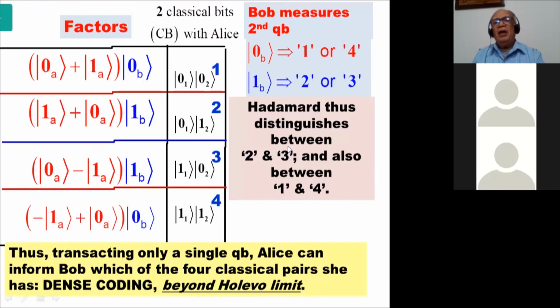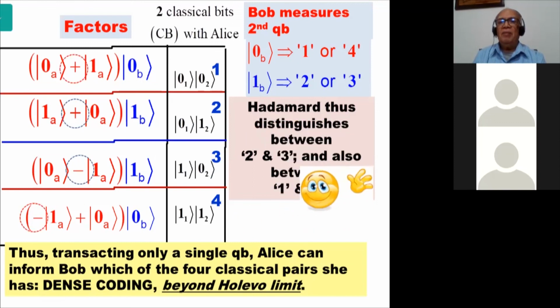And now the Hadamard gate will make a distinction between case 2 and 3. It will also make a distinction between case 1 and 4. And using this, Bob now finally gets the complete information that we wanted Alice to communicate to Bob using a single qubit, which is dense coding beyond the Holevo limit.